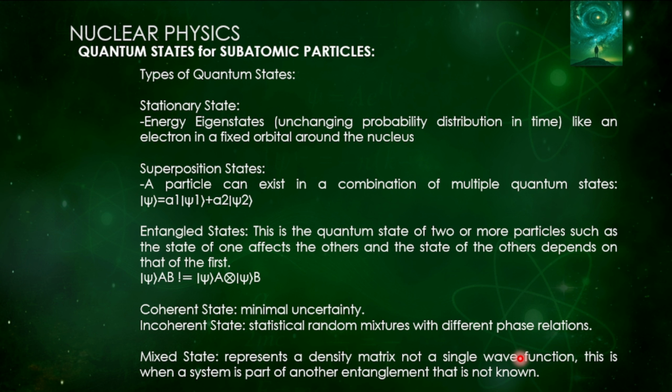It's not one state or another. You have a matrix, and the relationship here is very complex. So again, coherent state, you have a much more stable state, with minimal uncertainty values for the probabilistic distributions. For incoherent states, you have statistical random mixtures with different phase relations.